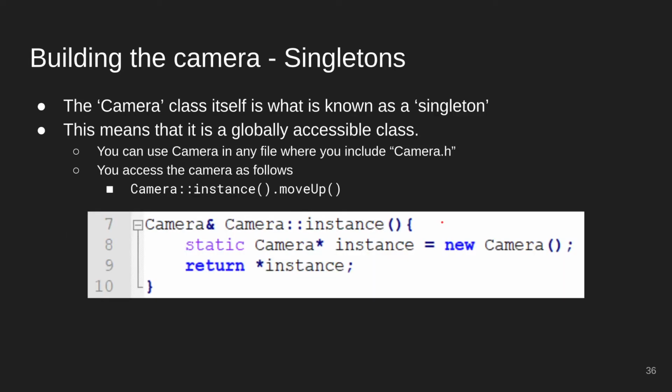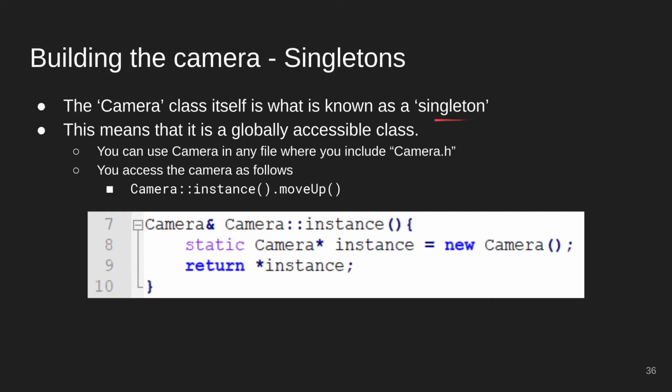Okay, so building the camera, just a note on this, and there's a note in the lab as well, that the camera class is implemented as something known as a singleton. Some of you who might have taken the software engineering course already might have seen some of these different design patterns, and for others this might be new.